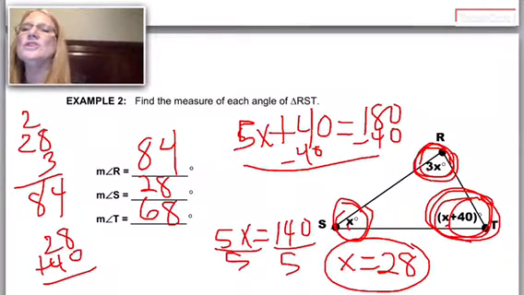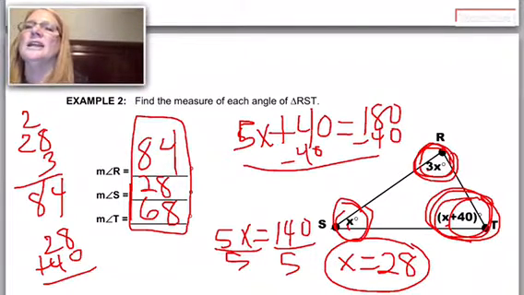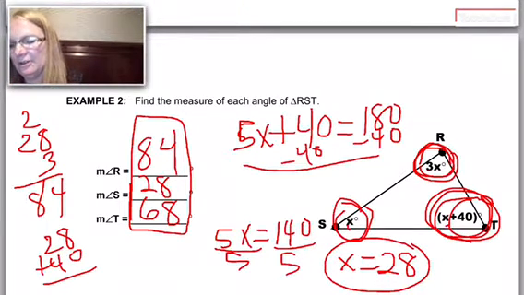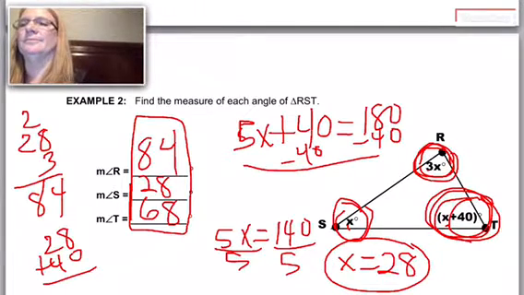And then you can always check your math, because these have to add up to 180. So I'll do that on the calculator. 84 plus 28 plus 68 is equal to 180. So we know our calculations are correct.